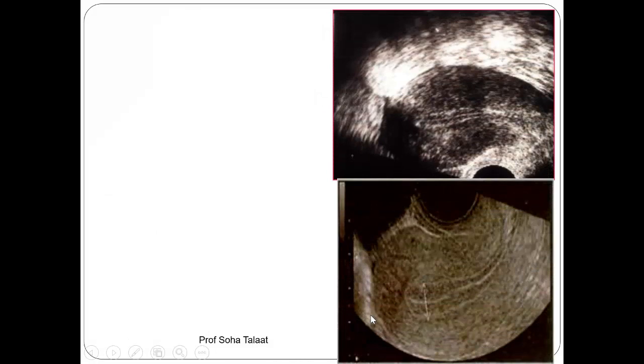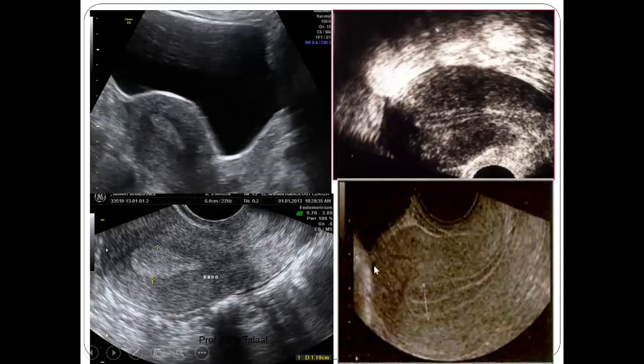And this is the appearance on ultrasound. This is the triple line sign in early proliferative phase, triple line sign in late proliferative phase, and this is early secretory phase, and this is late secretory phase with the normal thin line subendometrial halo.